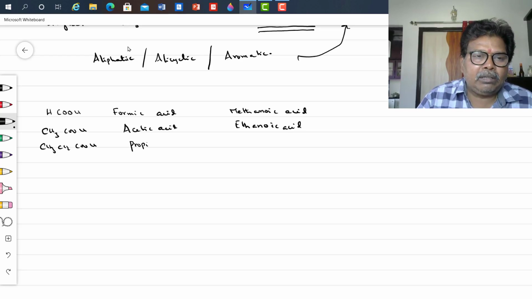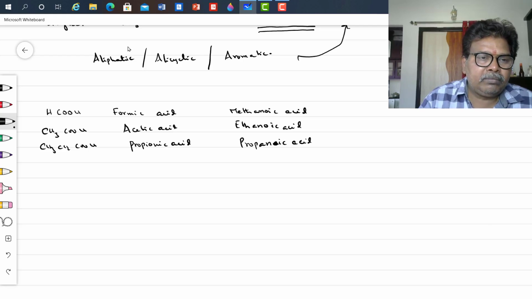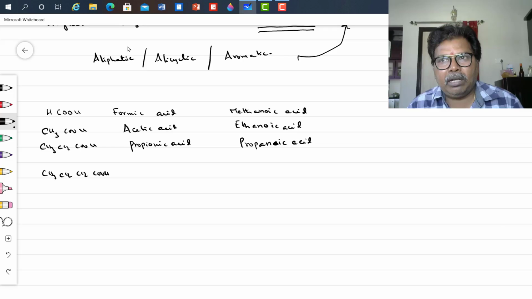This is known as propionic acid, IUPAC name propanoic acid. CH3CH2CH2COOH: both common names and IUPAC names are important.